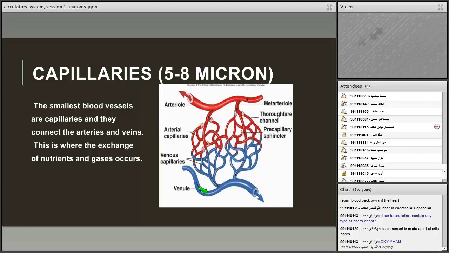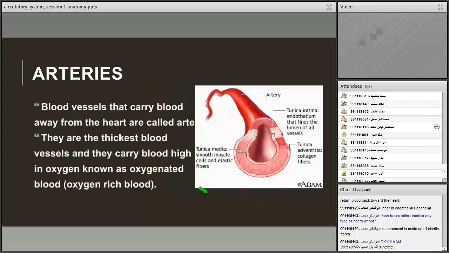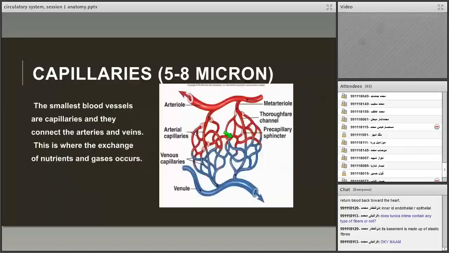Look at here. As we said, the blood is transporting materials and nutrients to the body. But the nutrients and proteins and other materials cannot come out of the arteries, because look at here, the arteries have a thick diameter. So the materials in the blood cannot come out of these vessels, okay?